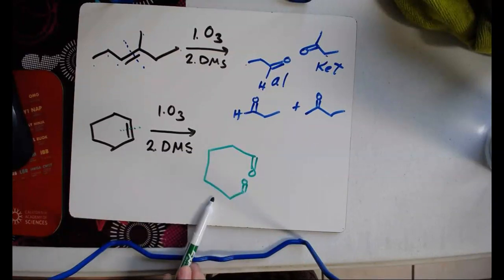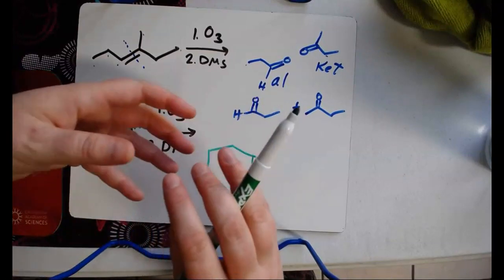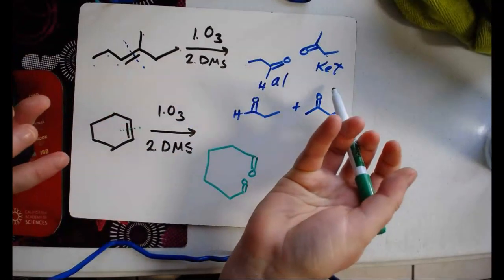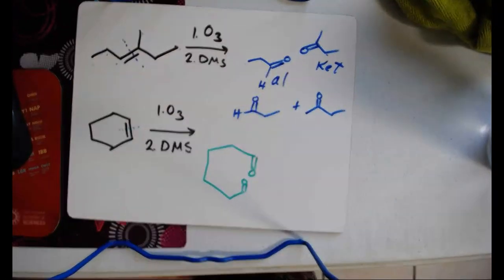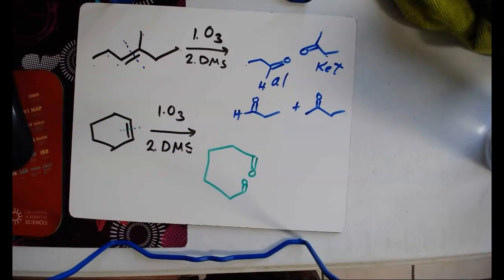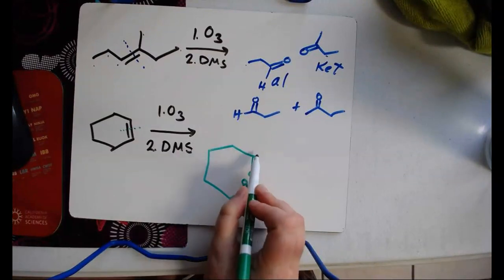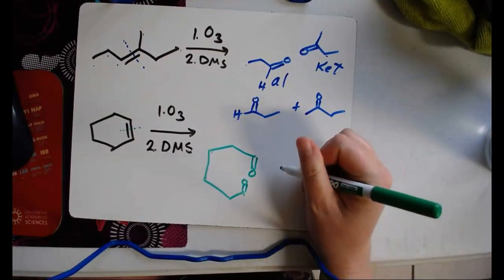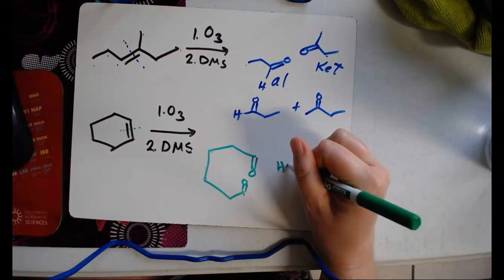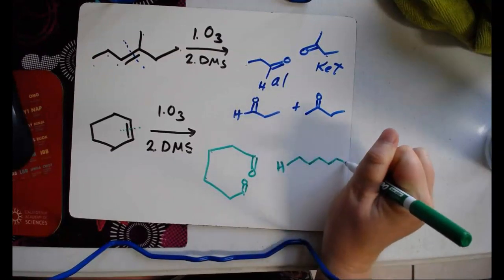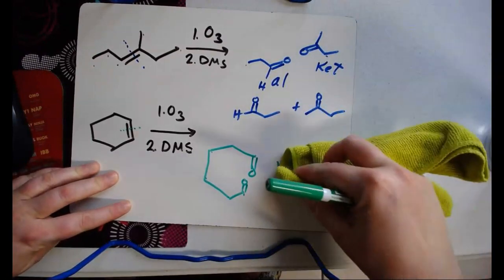Now, of course, that doesn't look very nice. So what we can do is just kind of unravel it so that we end up with something instead of this weird thing. So 1, 2, 3, 4, 5, 6. I'm also going to redraw it.